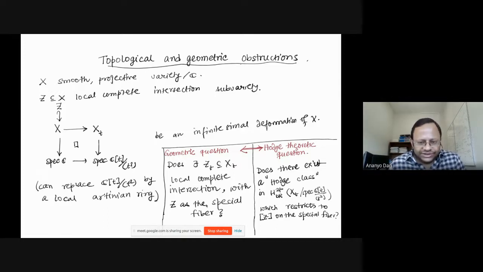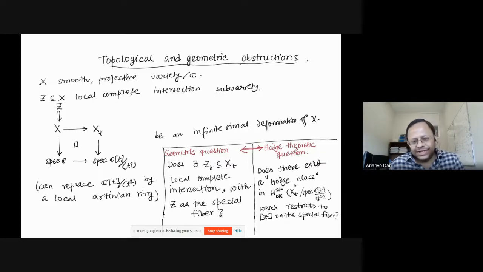This is the geometric side, and you have somewhat of a topological side, which is whether the cohomology class of Z deforms as a Hodge class. On the topological side, you have the relative de Rham cohomology, and the deformation of the Hodge class.